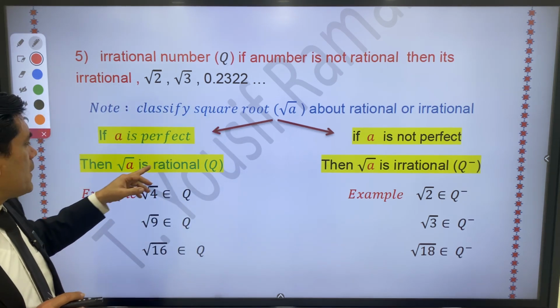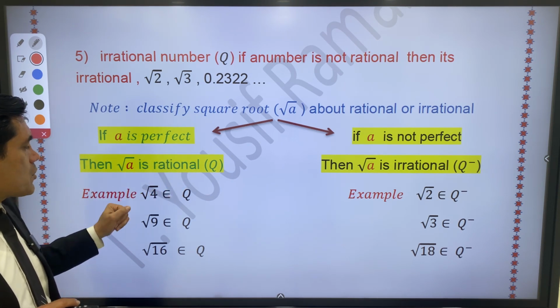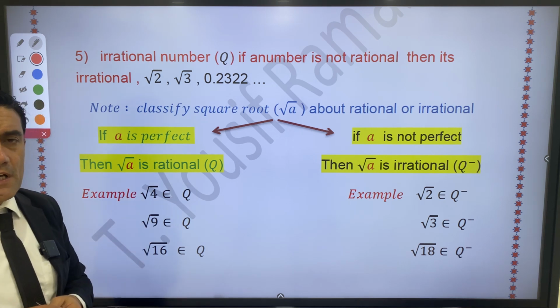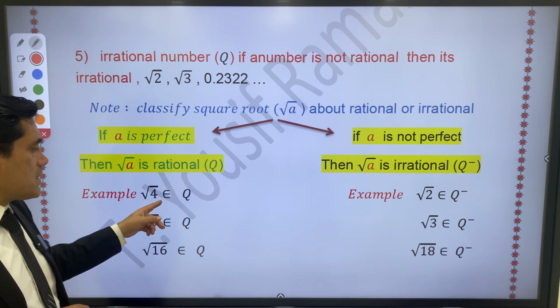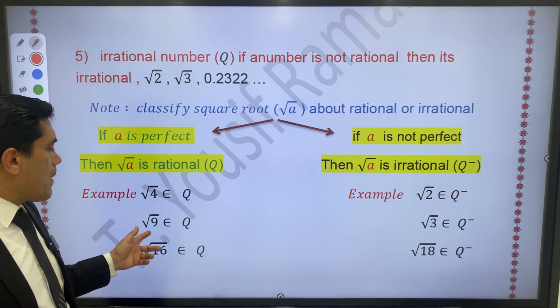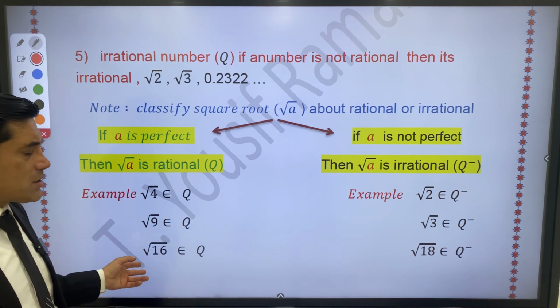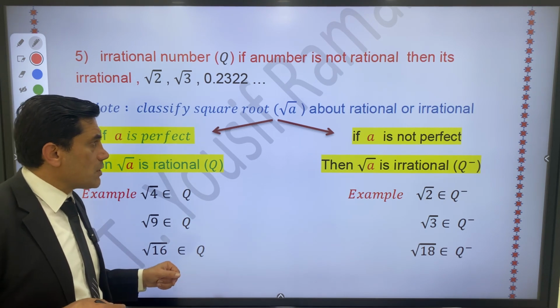If a is a perfect square, then the square root of a is rational. For example, square root 4: 4 is perfect, so it belongs to rational. Square root 9, and square root 16, likewise belong to the rational numbers.